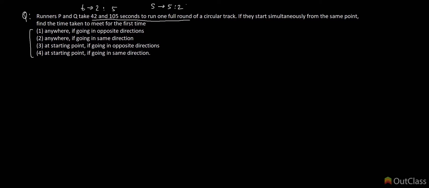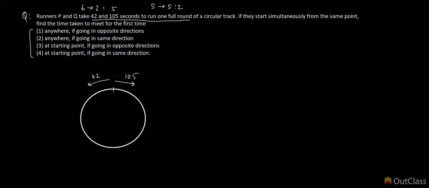And this becomes important. Now, you have a circular track. As far as 3 and 4 is concerned, the direction doesn't matter. P's lap time is 42 and Q's lap time is 105. Let's just look at opposite first.